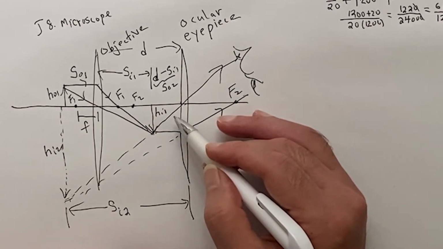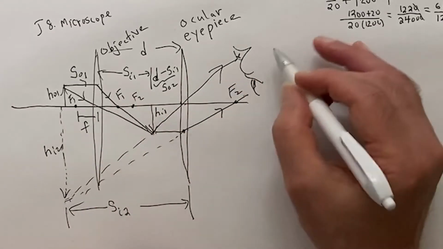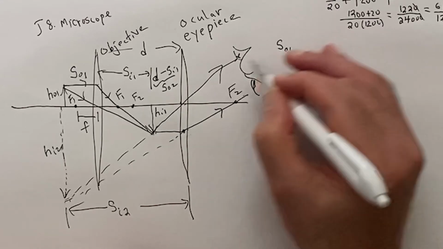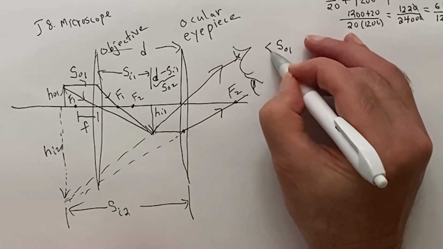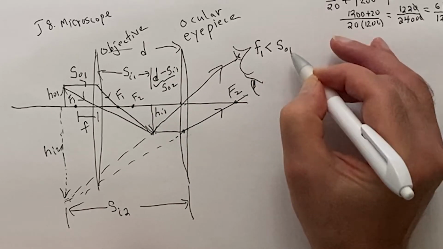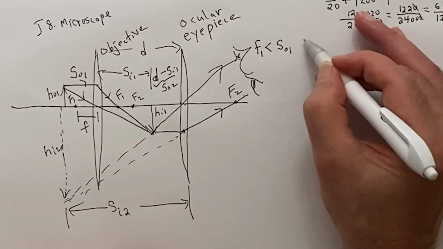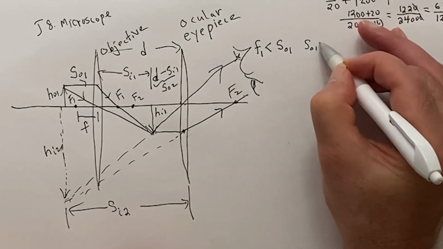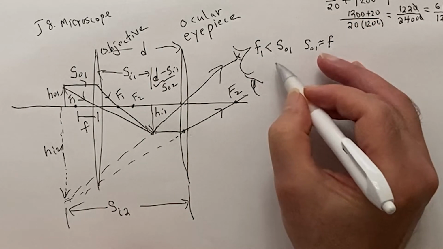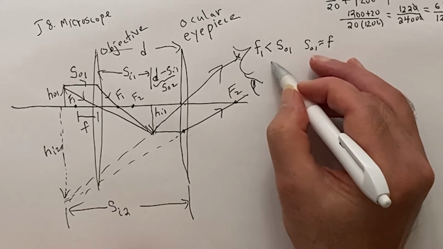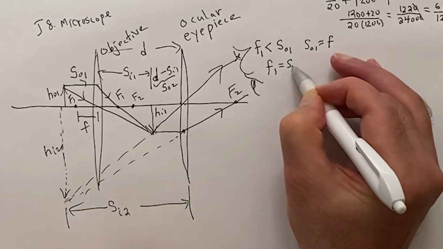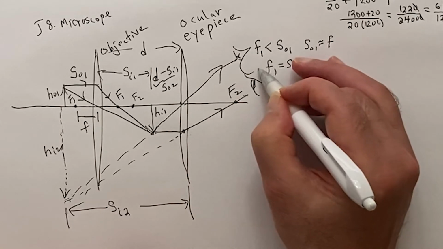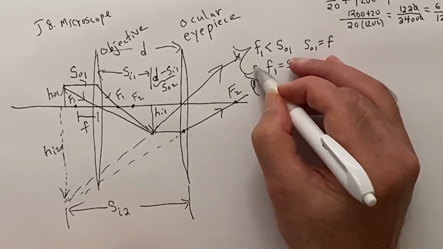So what we're going to do is, we know that the distance SO1, you want the SO1 to be greater than F1, but you want it close. So I'm going to say yes, but we want it to be close to F. It's as if SO1 is equal to F plus an epsilon.